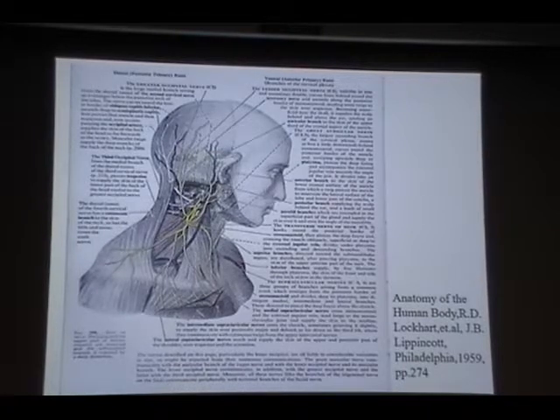So here's this cervical plexus in this image out of Anatomy of the Human Body by R.D. Lockhart. I know this textbook isn't recently published. At the time it was published, your parents weren't even born. But from that same standpoint, it does have some really nice images and descriptions of, in particular, nerves throughout the body, including the head and neck.